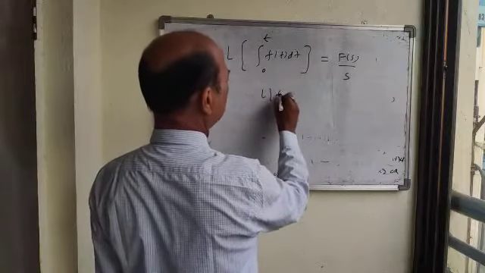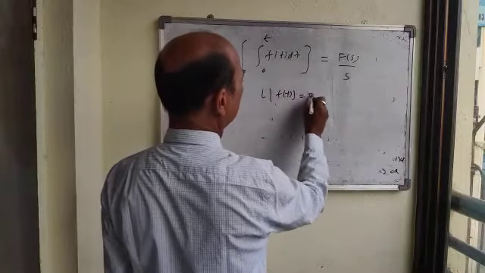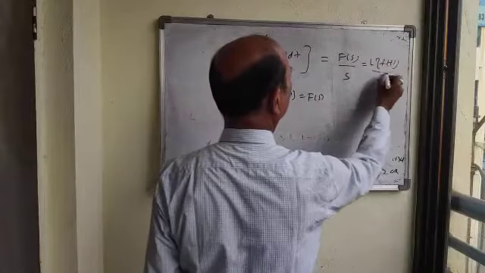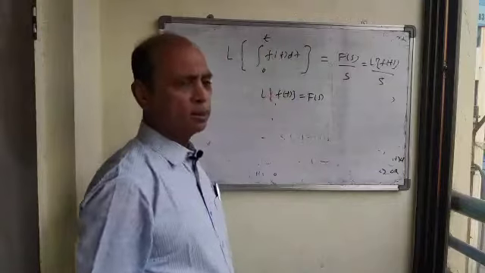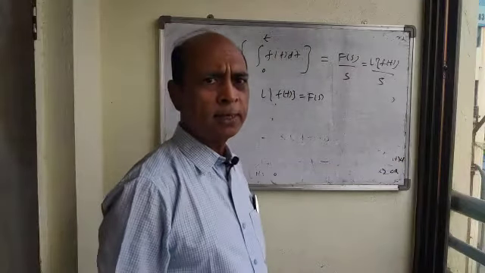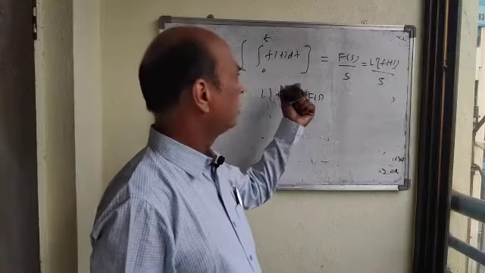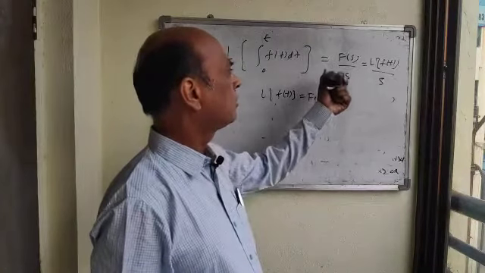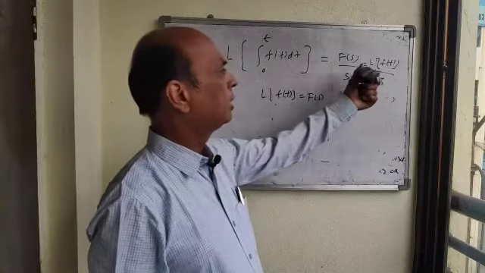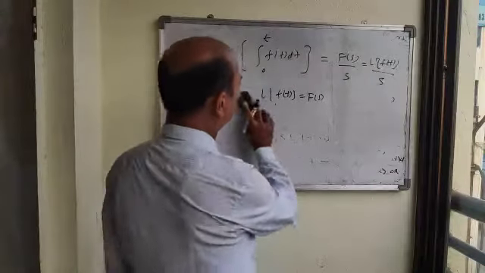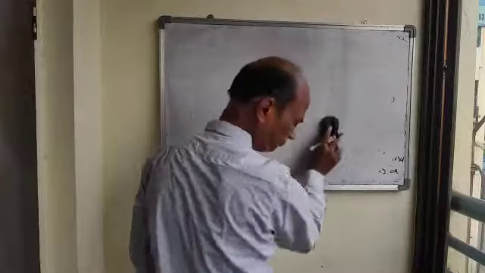That is L of f of t, which is our f of s. So we can write L of f of t upon s. So we can find the Laplace transform of this integral from 0 to t f of t dt, which is equal to f of s upon s. So let us prove this result.